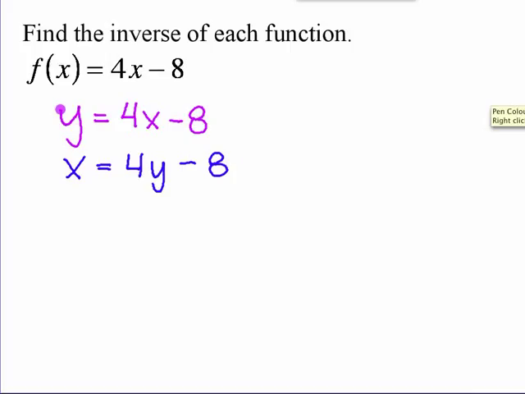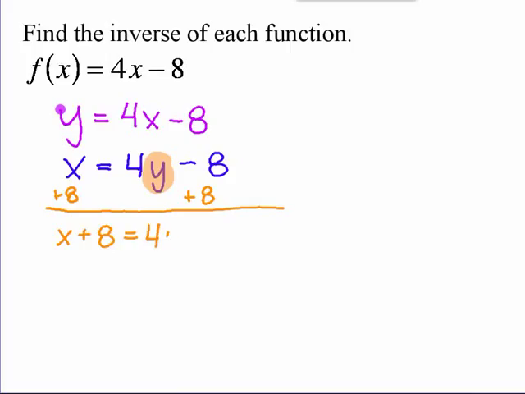Now step 3, what does it say? Solve the equation for y. So real quick again, solve for y. That means I want to get this right here all by itself. The very first thing I need to do here is add 8. So on the left side, what do you have? x plus 8 equals 4y.